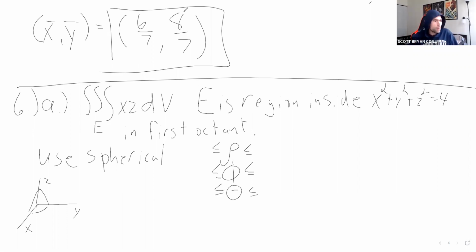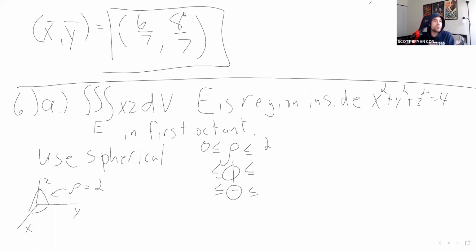Okay, so what are our bounds for rho? So 0 to 2, right? We have the origin in there, and the outer boundary is the sphere, which is rho equals 2, x squared plus y squared plus z squared equals 4. It's the set of all points a distance 2, square root of 4, away from the origin. So rho goes from 0 to 2.